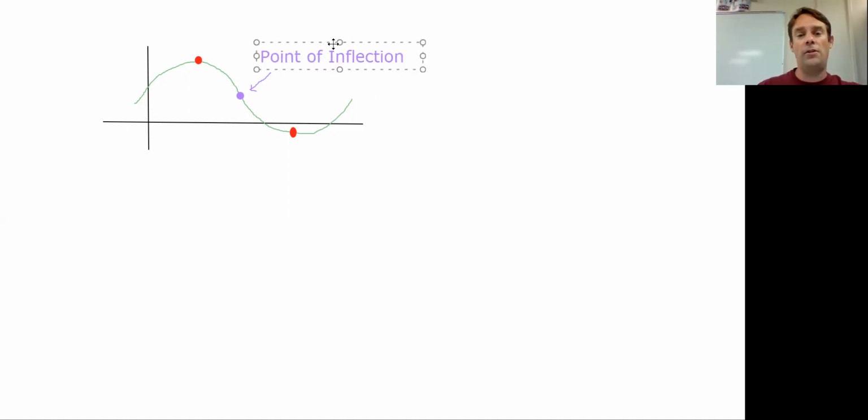And this can occur when our second derivative, not our first derivative this time, but our second derivative is equal to 0, or when our second derivative is undefined. That's when a point of inflection can occur. Doesn't mean it does, but it can occur.